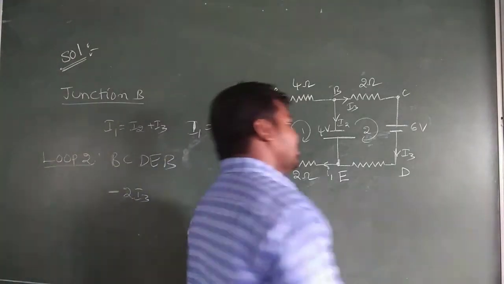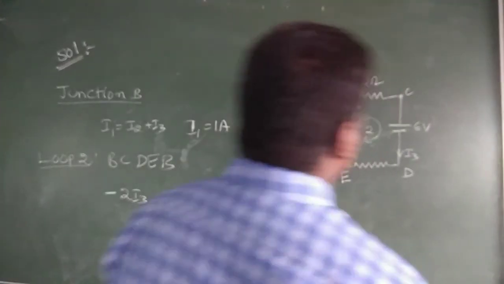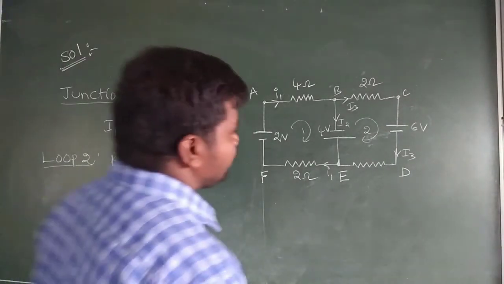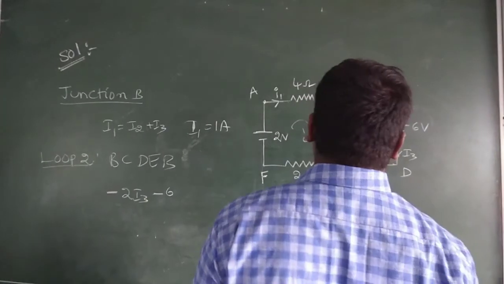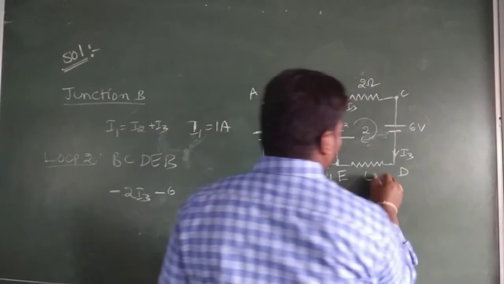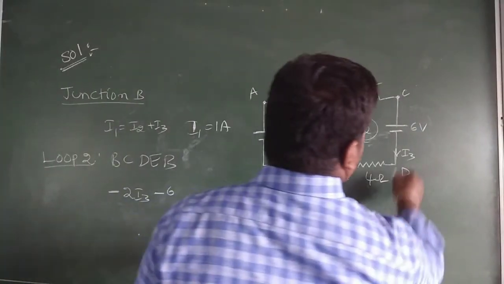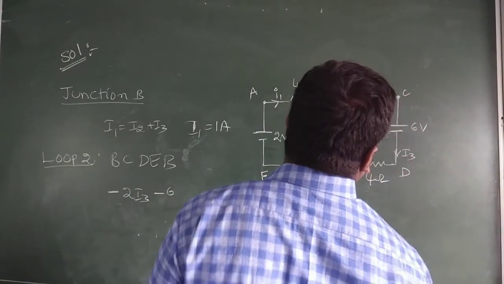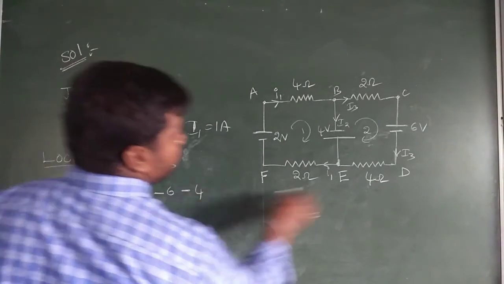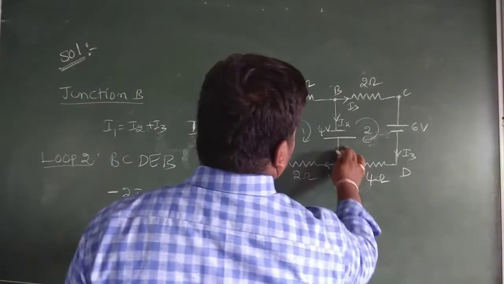Here the 6 volt battery direction is towards the negative terminal, so we take minus 6. Coming to the 4 ohm resistor, the current is in the same direction as the assumed direction, so we take minus 4 into I3.